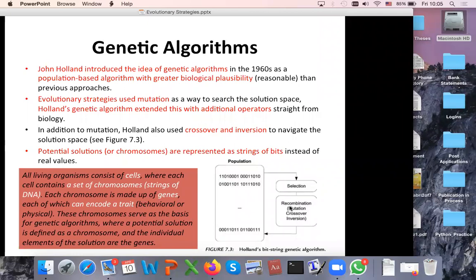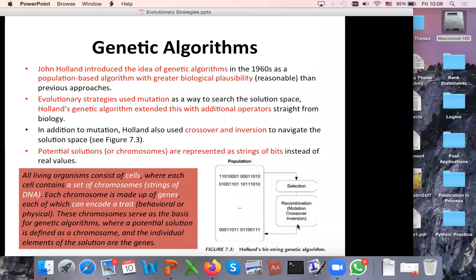Then he performs this recombination operation over it, and it contains mutation, inversion, or crossover. You can consider this the crossing of two parents, and after crossing the two parents you will get new members, and then you place those new members again into this population.